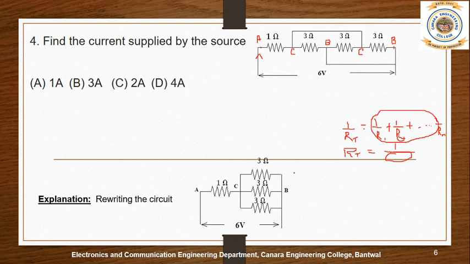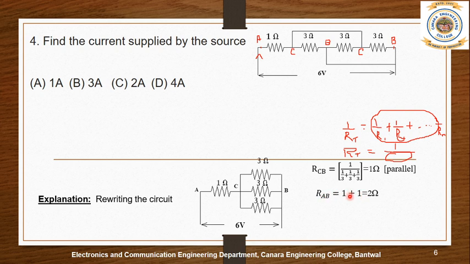Based on that, here RCB equals 1 upon 1 by R1 plus 1 by R2 plus 1 by R3. So 1 by 1 by 3 plus 1 by 3 plus 1 by 3, so that is 1 ohm. So what is RAB? This 1 ohm effective resistance and this 1 ohm are in series.